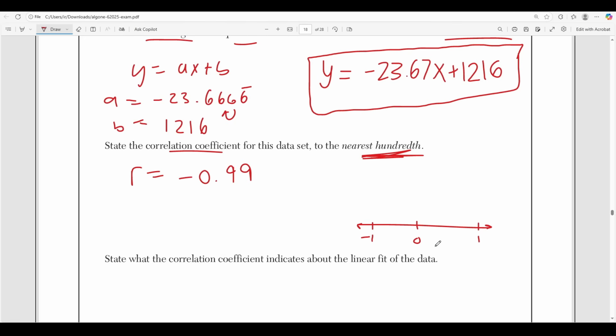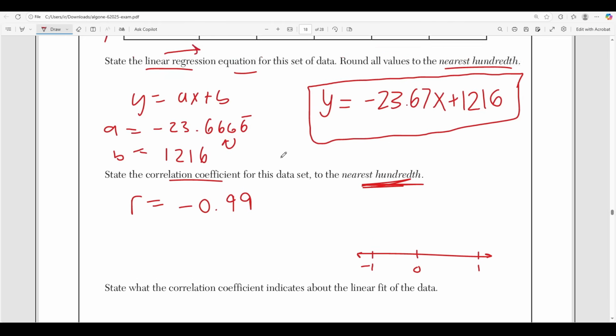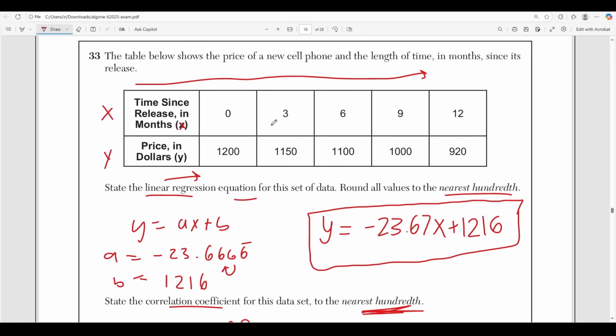If your linear regression line had a negative slope, that means there's a linear fit to the data, but it's negative. So our R value of negative 0.99 shows that our data is linear, with a negative linear association. As the time since release in months increases, the price in dollars decreases.